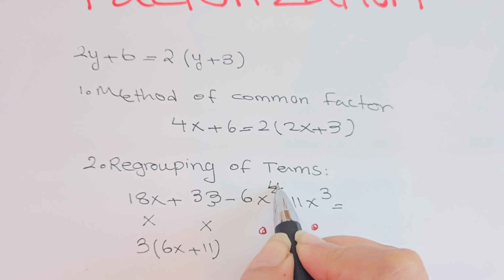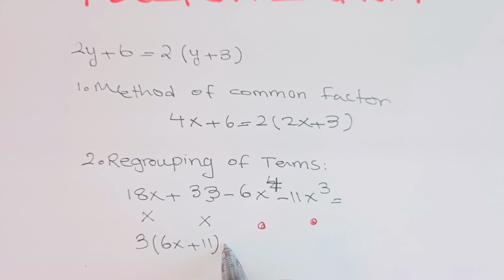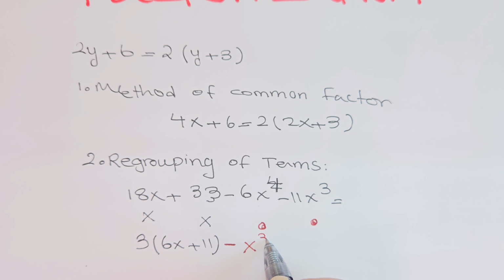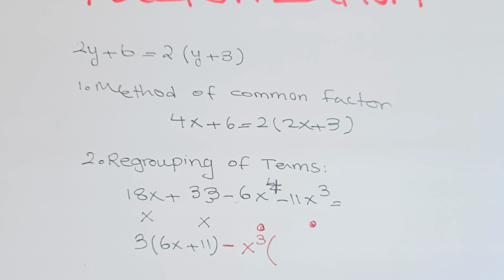Sorry, it was 4. Here I can factorize minus x to the power 3, and let's see what is left here.